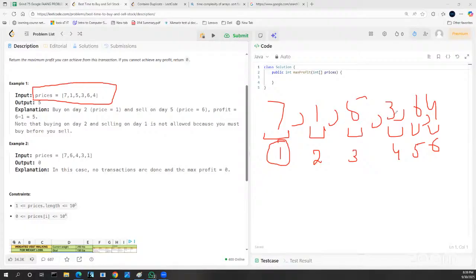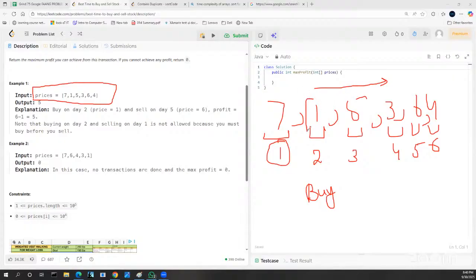By just looking at this array, you can tell that 1 is the smallest number, so this is the best time to buy. And 6 after that. The order has to be forward, you cannot go back in time. You need to find the next best day to sell.